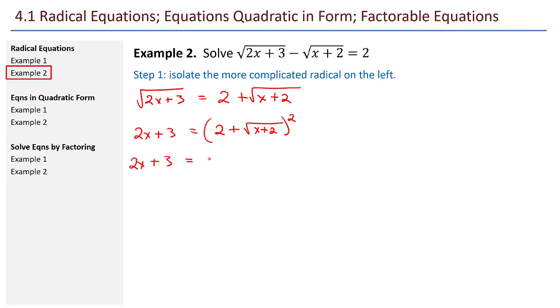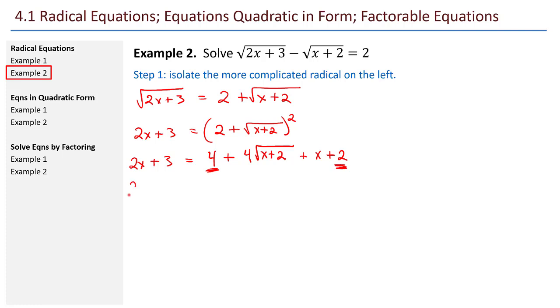If we square this, I end up with 4 plus, and then the middle two multiply together, but we get 2 of those, so that gives me 4 square root of x plus 2. And then for my rightmost term, the square root of x plus 2 gets squared. It gives me plus x plus 2 like that. Let's combine some terms. I see a 4 there and I see a 2.